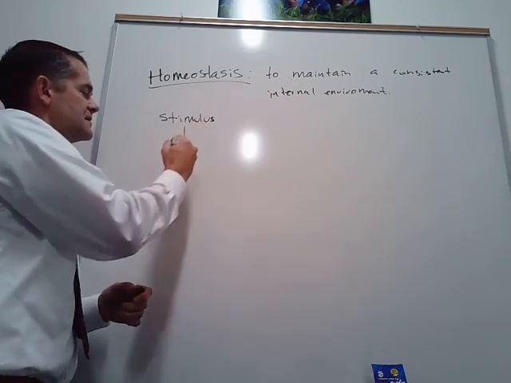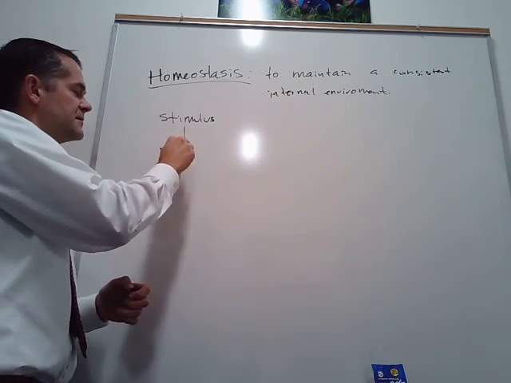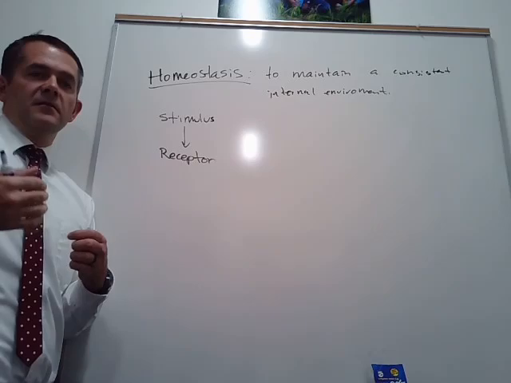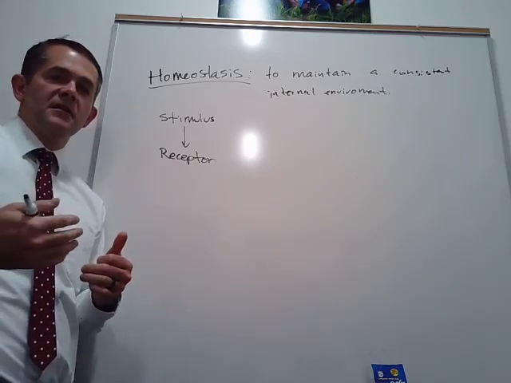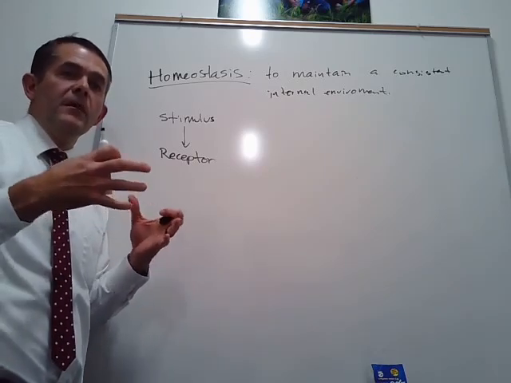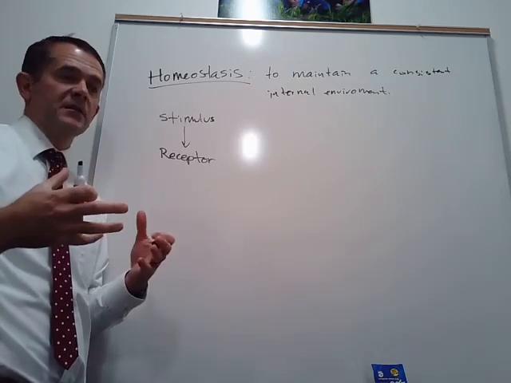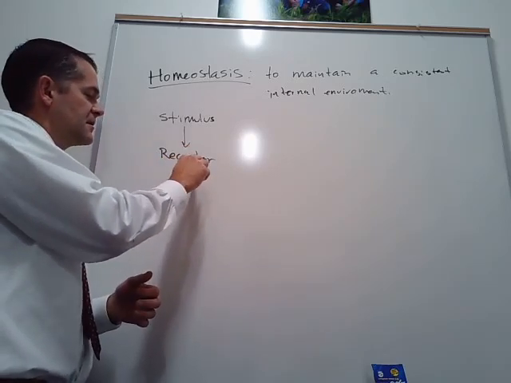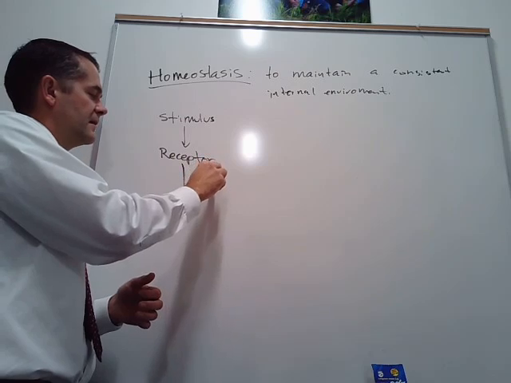Well, that stimulus is sensed by a receptor. Right? There's going to be some kind of cell or protein in the body that can measure this stimulus, that it's changing. Okay?